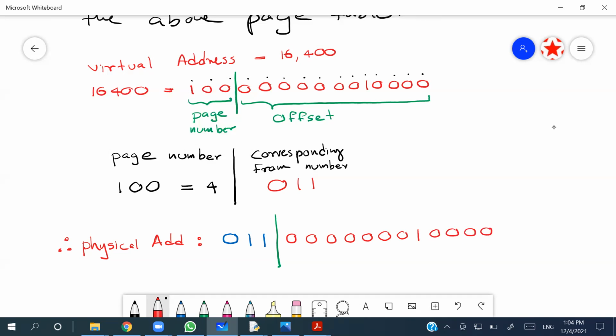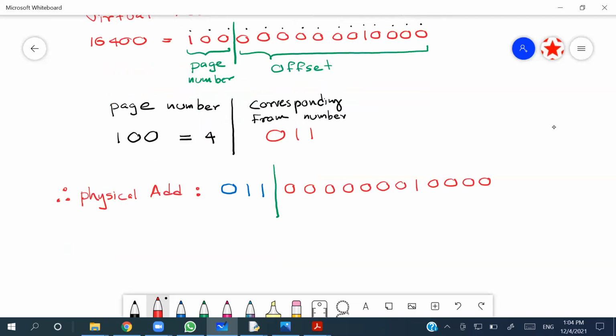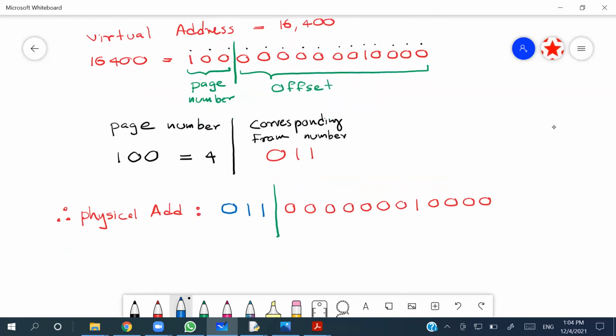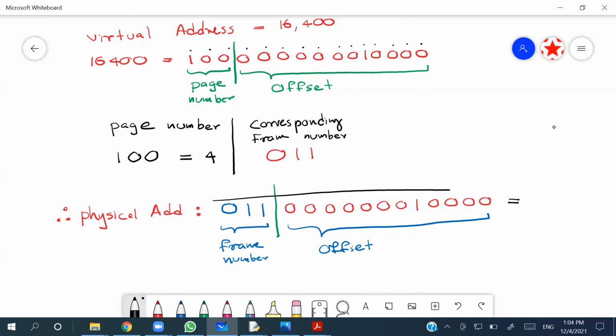Right? So now since this is the physical address, the blue color part is named as the frame number, not the page number. This is the frame number, and this is the offset. So this entire binary value represents, in decimal, 12,304.